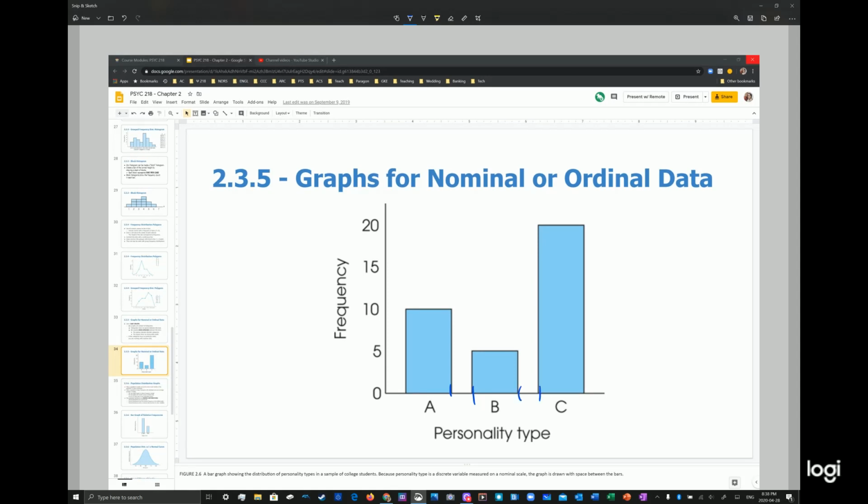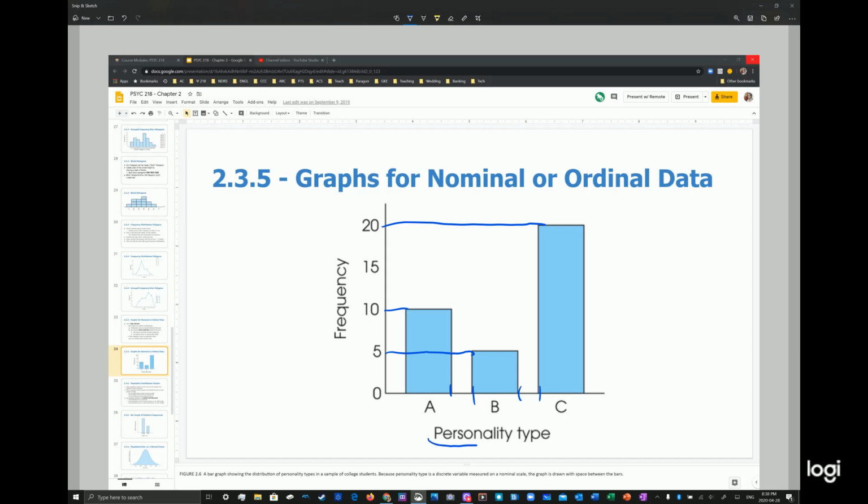And there's no specific width for the gap, but again, within reason. And then you can count, oh, okay, in this, it could be a class. Let's say we got 10 people with personality type A, 5 people with personality type B, and 20 people with type C personality.